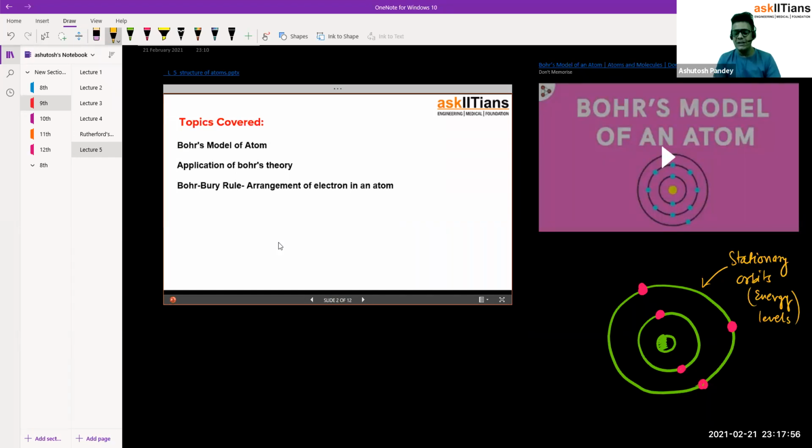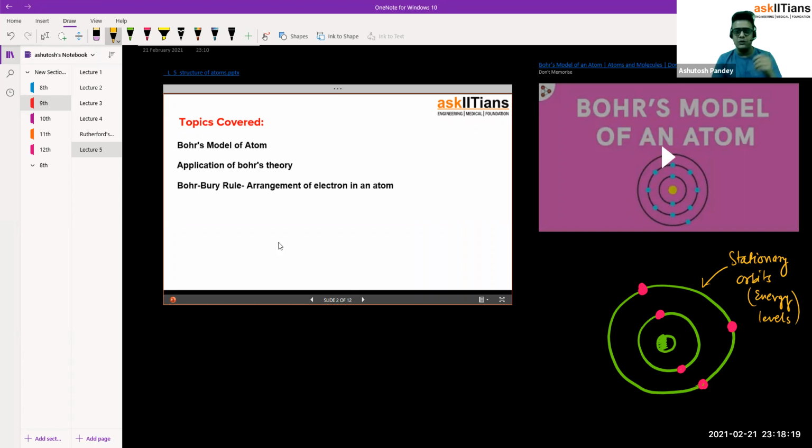So he proposed that when an electron is present in a stationary orbit, it is not going to fall into the nucleus. It means that if an electron is present in a stationary orbit or energy level, it will have a stable arrangement. Clear?